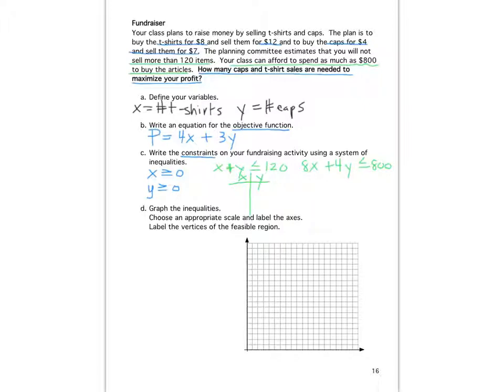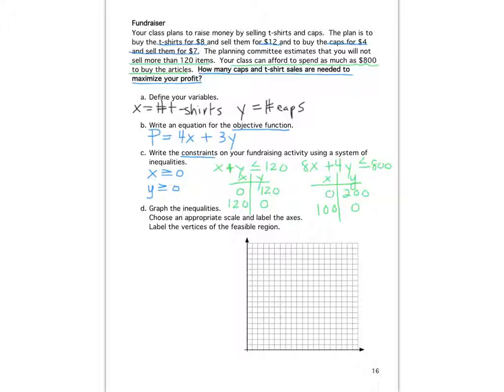So if I let x be 0 here, my y will be 120. If I let my y be 0, my x will be 120. So I have x and y intercepts for one graph. And then for the second graph, I'll do the same thing. If I let x be 0 here, the y value will be 200. And if I let y be 0, the x-intercept will be 100.